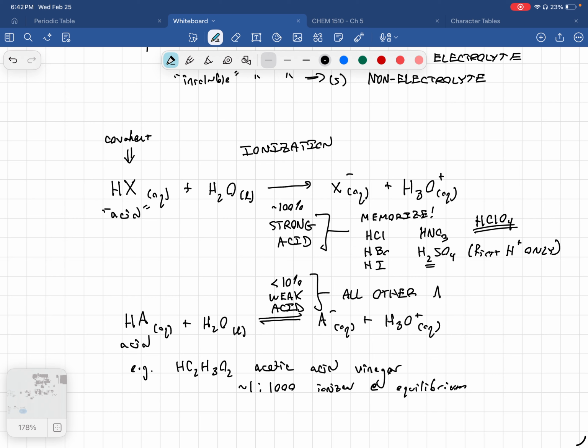There is a 6th strong acid, you'll note it in your book: perchloric acid, HClO4. All other acids will be considered to be weak acids for our purposes.